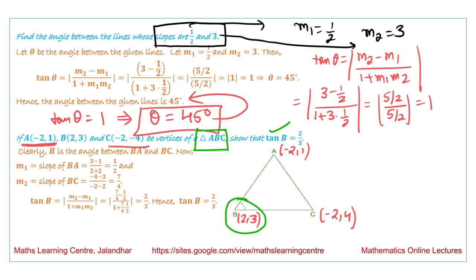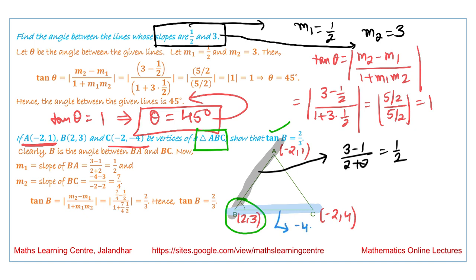It means we have to calculate the angle between the line AB and the line BC. If we calculate the slope of line AB, the answer is (3 minus 1) over (2 plus 2), which is equal to 1 by 2. For the slope of BC, it is (minus 4 minus 3) divided by (minus 2 minus 2), and the answer is 7 by 4.